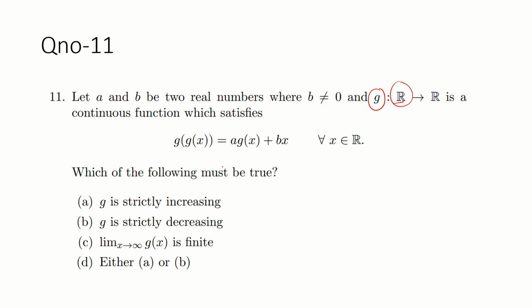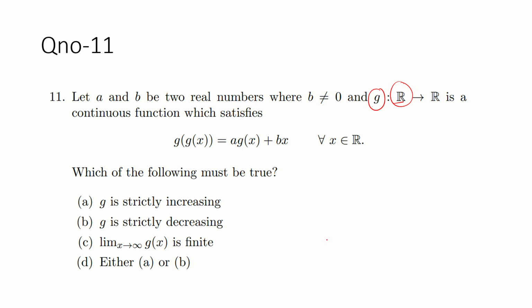But guys, whenever the option given is strictly increasing or decreasing, first we have to check whether the function is injective, surjective or bijective. Whenever we can find that the function is one-one, then the function is either strictly increasing or strictly decreasing, because if a function is one-one, every input has a different output.